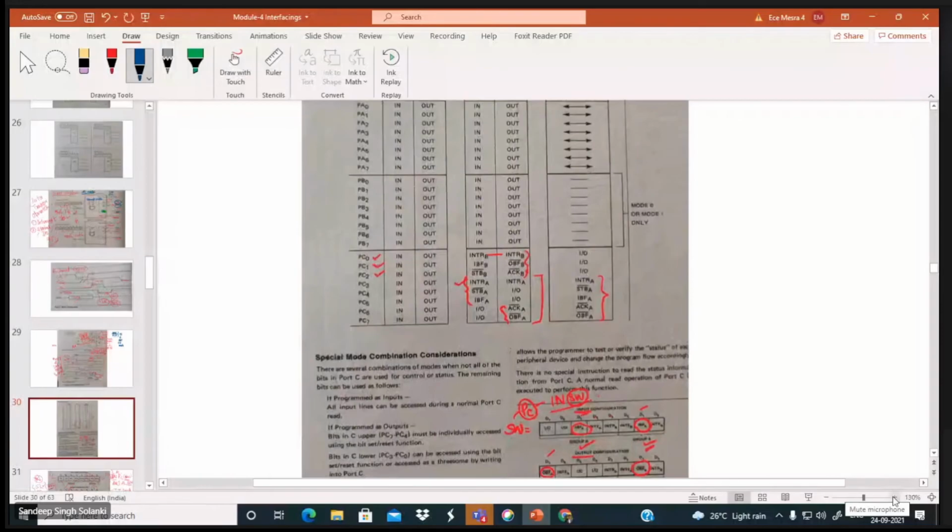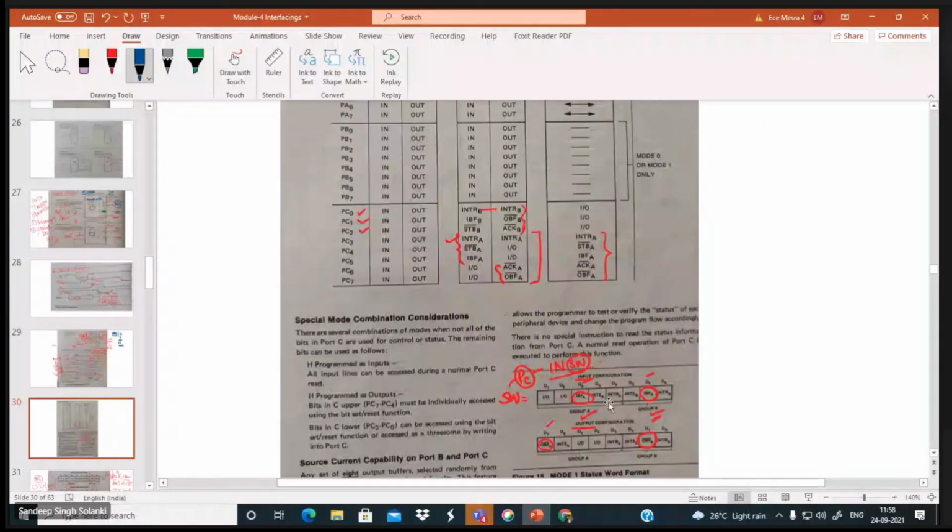Now look at the status word. You just see here. Here, this status word, I am just writing D7.